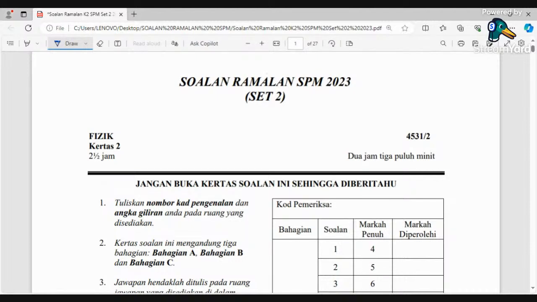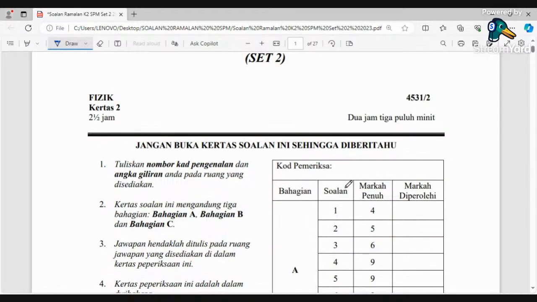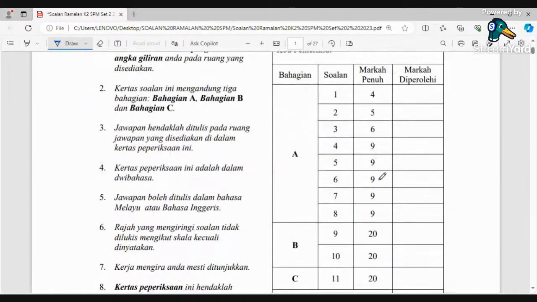Today we have another slot for Pecutan Akhir, Physics, SPM 2023. So today we discuss paper 2. Okay, this is actually the focus question. Okay, we'll look at this one. I think the marks provided, you all familiar already.